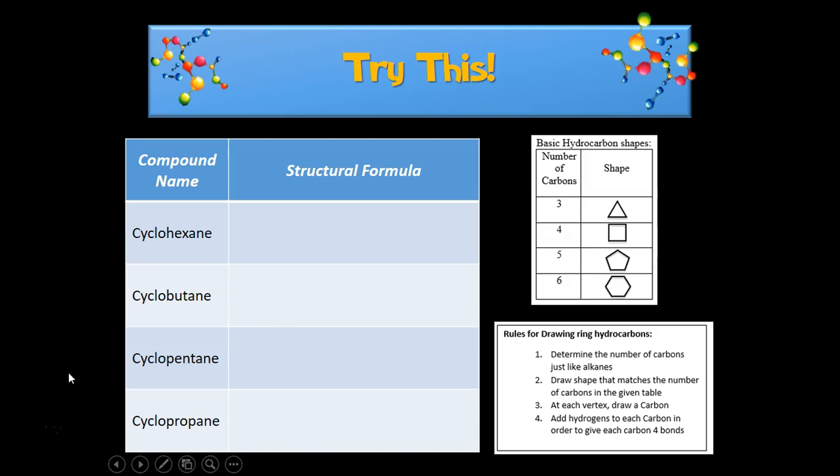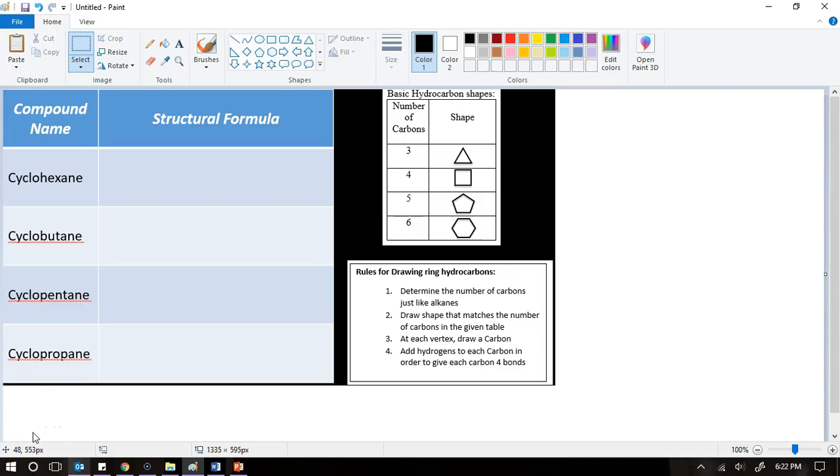So let's go over some examples with this. Alright, so if we take a look at this first one, remember that ane tells me carbon-to-carbon single bonds, cyclo tells me it's now a ring structure, so I need to know what that hex here in the middle means, and hex means 6. So that means I've got a 6-membered hydrocarbon ring. So if I come over to this particular table here, it tells me I'm looking at the basic shape that looks like this.